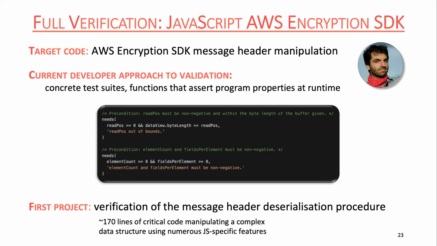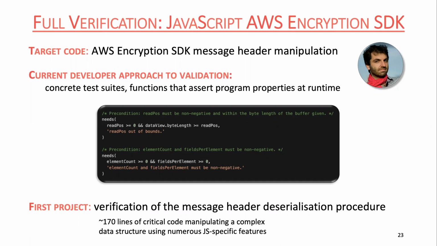And we set ourselves the task of what does it mean to do full verification of this code, trying to hook to his places where he's got some first order formulae. And we're doing the verification of this message header deserialisation procedure.